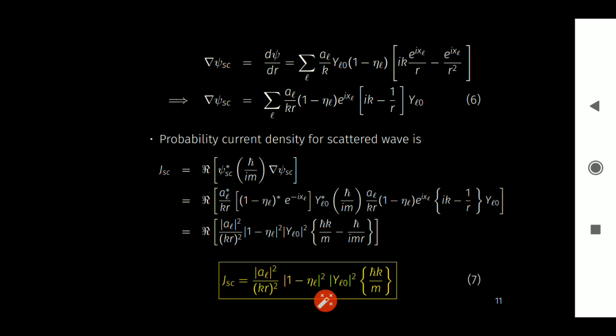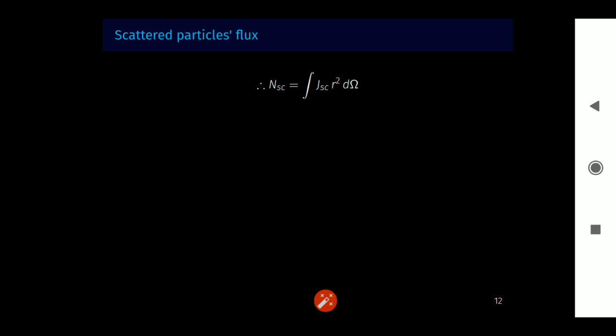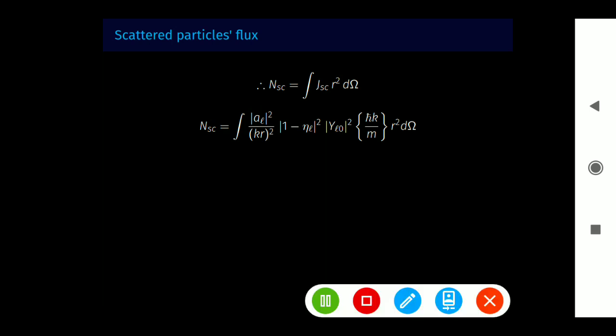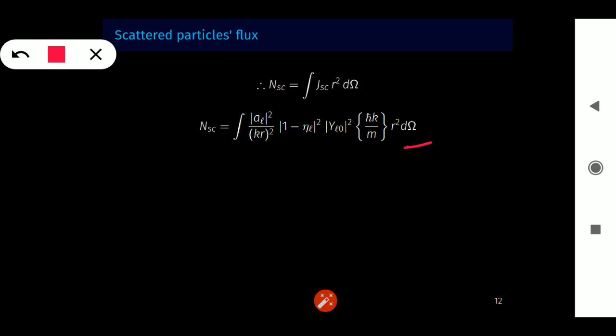The product ħk has the dimension of momentum. Now the scattered particle flux: after determining the probability current density of scattered particles, we determine the scattered particle flux through this expression, substituting J scatter. Note that this has an integral over all angles.